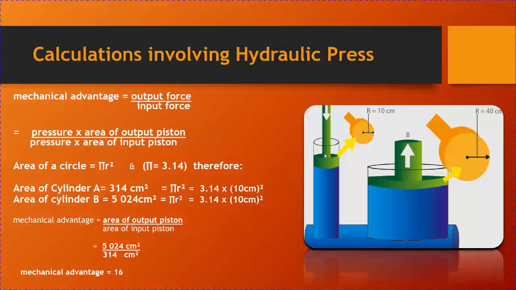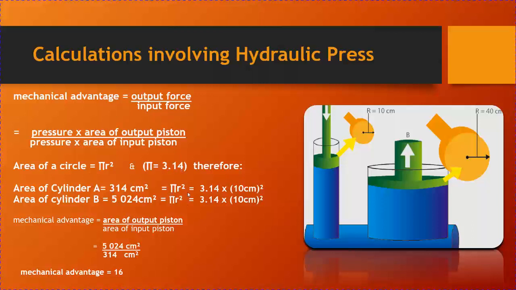So, if I want to find out what the force is of this cylinder, I need to work out its area. So the area of cylinder A is pi r squared. Now what is pi? Fortunately for us, we don't have to take pi to its 3.141592653589 etc. to infinity. We just simplify pi to 3.14.